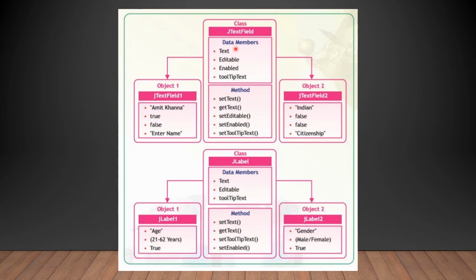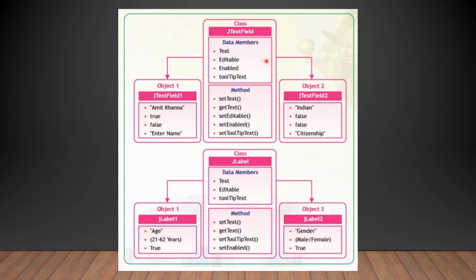The data members are text, editable, enabled, tooltip text, and the methods are setText, getText, setEditable, setEnabled, setTooltipText. So basically, in this example, we have taken a class JTextField and 2 objects, JTextField1 and JTextField2.